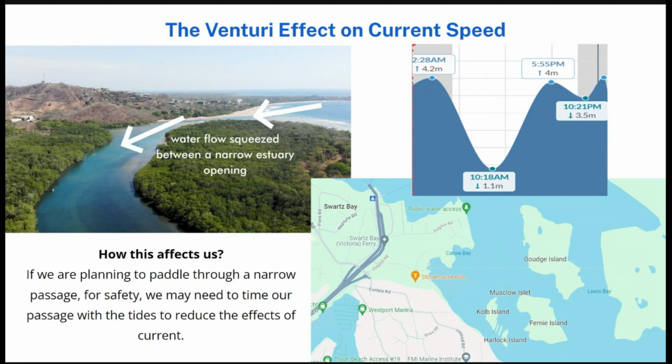So anytime we're going through islands, the narrower the passage, the greater effect we're going to see. We could easily come into currents in a narrower passage that are just beyond our ability to paddle against.